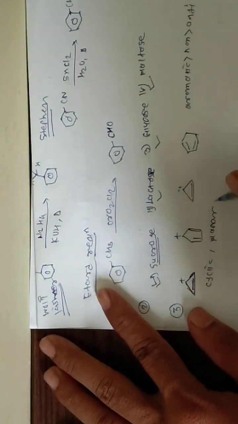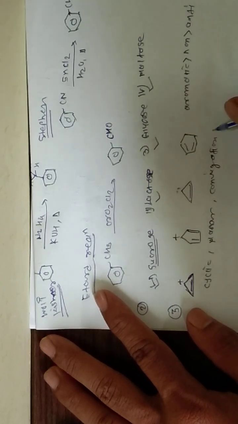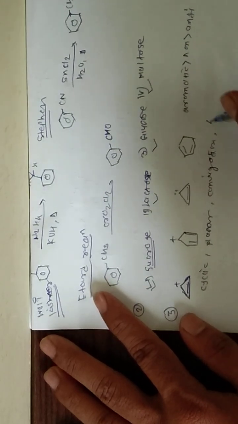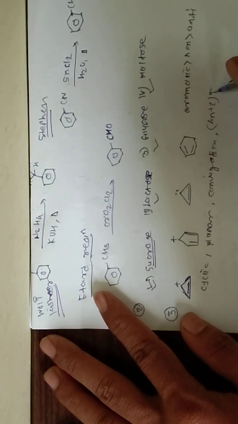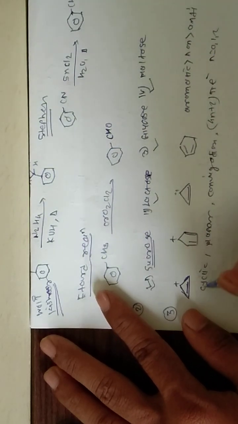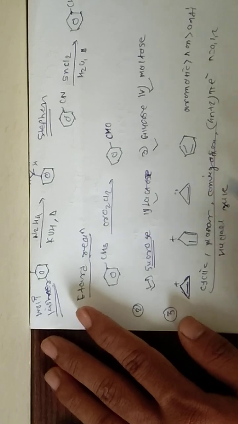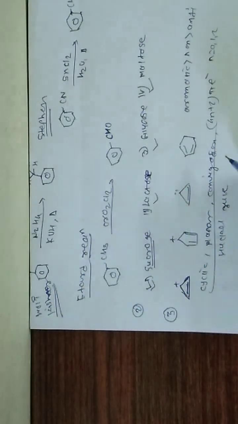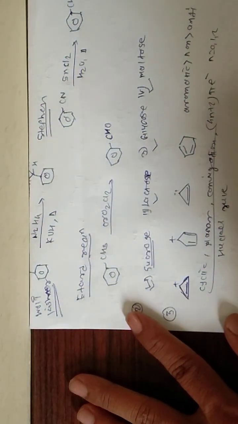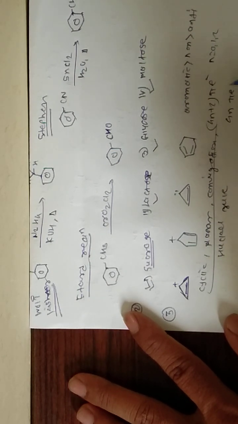Third is conjugation, and fourth is it has a 4n+2 pi electron system where n is equal to 0, 1, 2. This is called Huckel rule. If a compound follows all four conditions, it is aromatic. For anti-aromatic, the first three are the same, but the last one is it has a 4n pi electron system.